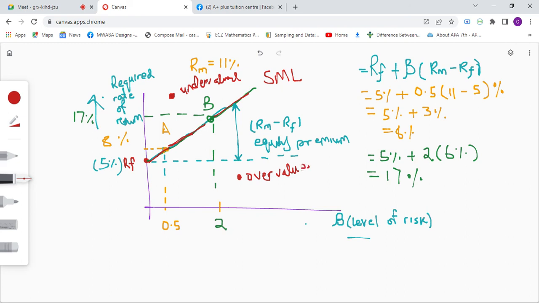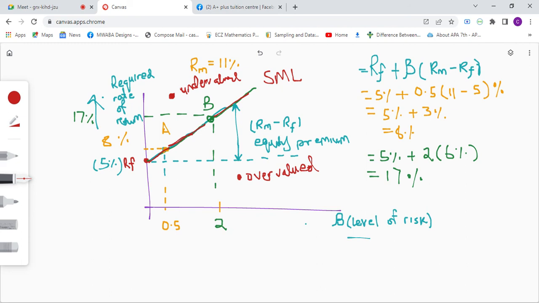So when you plot the security market line and you see a point below, it is overvalued, meaning that it is priced at a higher value than its true value. Then above the security market line, it's undervalued, meaning it is selling at a price below its true value.